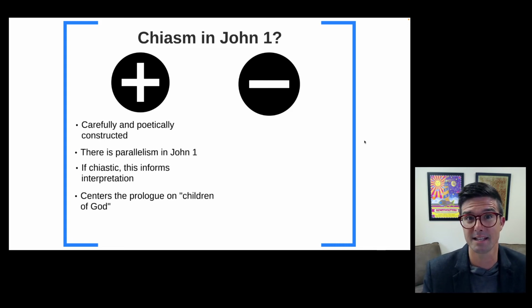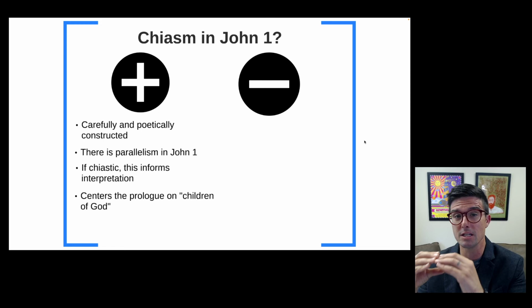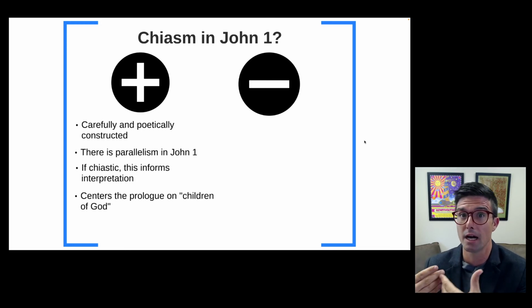If it is chiastic, this really helps us understand what the prologue is doing, and it informs how we think about the entire gospel. So if we accept either Staley's or Culpepper's chiastic structure, the emphasis is really on the children of God and becoming children of God.